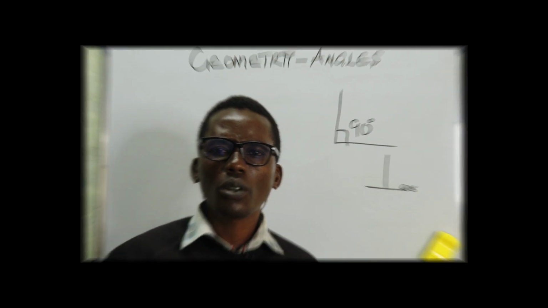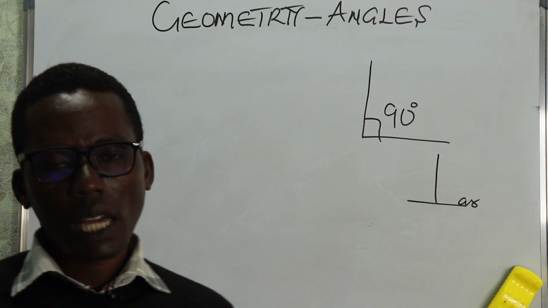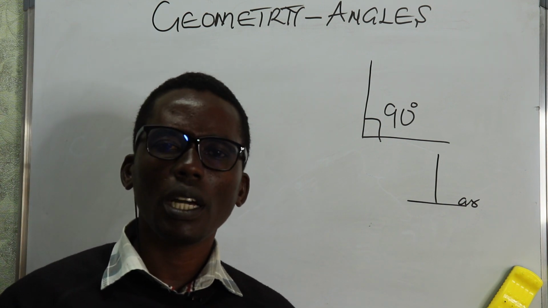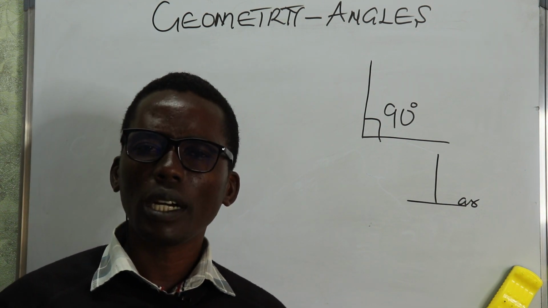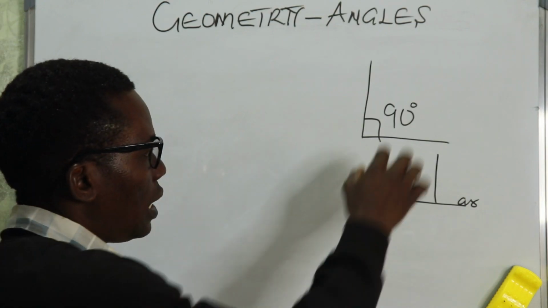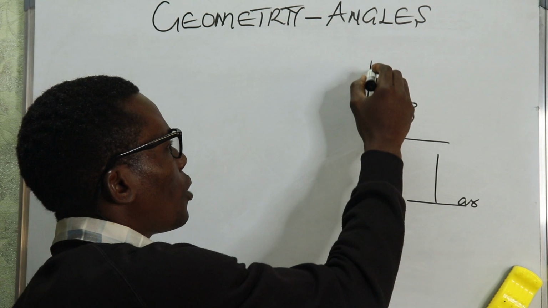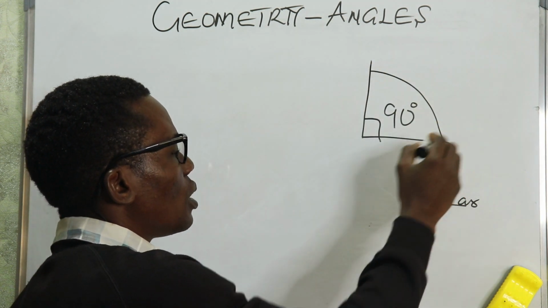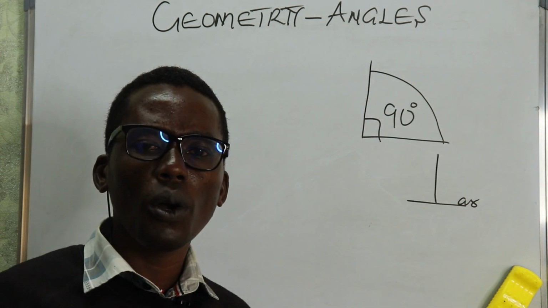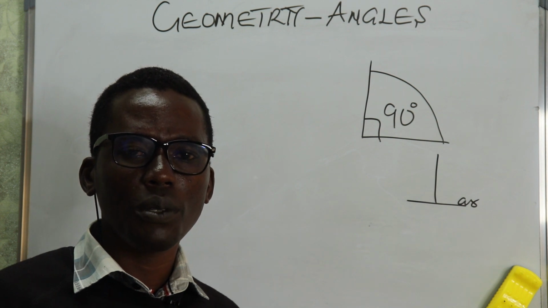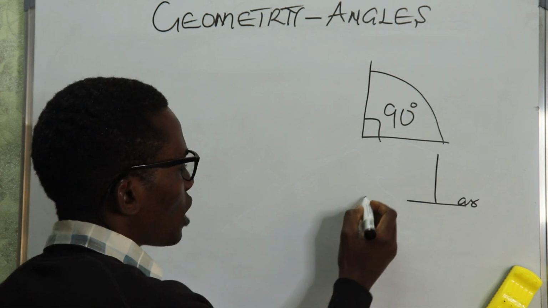Now the angle we want to talk about is the acute angle. What is an acute angle? Acute angles are angles that are less than 90 degrees. So in this value, an acute angle falls between this range. Any angle that is less than 90 degrees is called an acute angle.